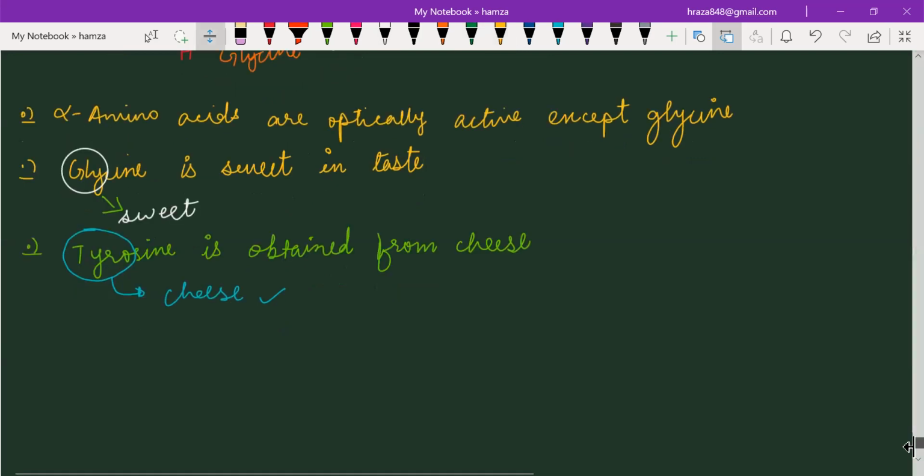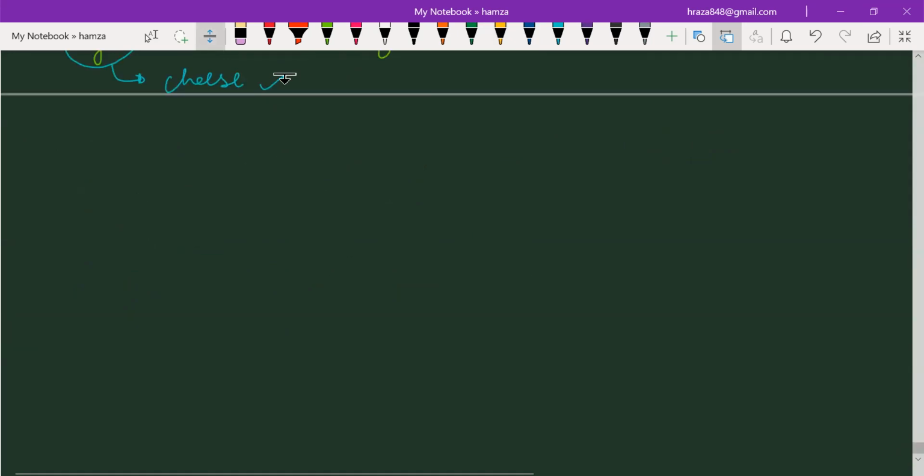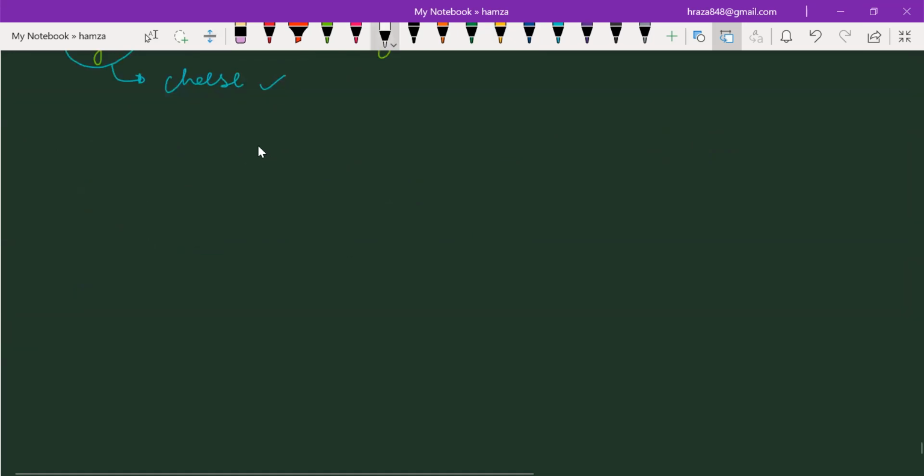Now see, there is a term that is Zwitterion. And what is Zwitterion that we are going to talk about? The fourth point is basically, you know that this is an alpha amino acid. You can easily recognize this.